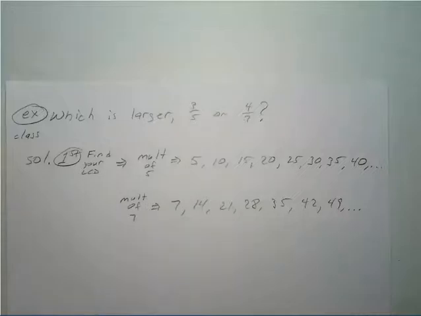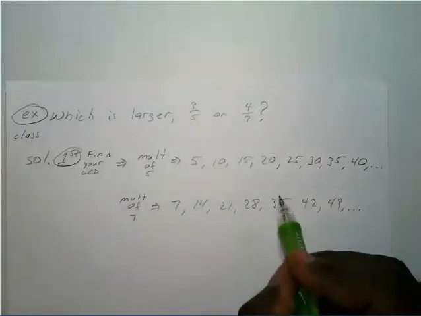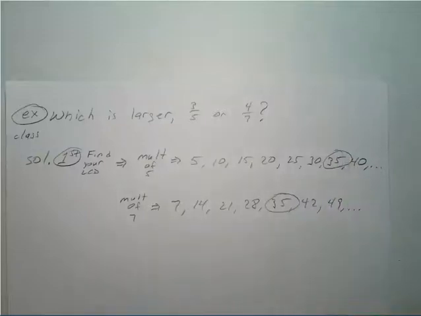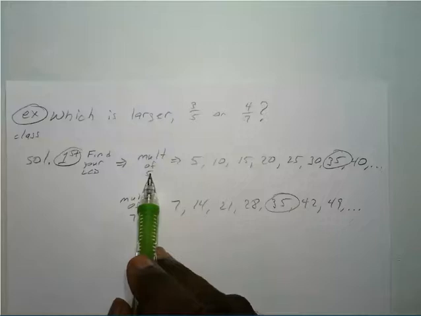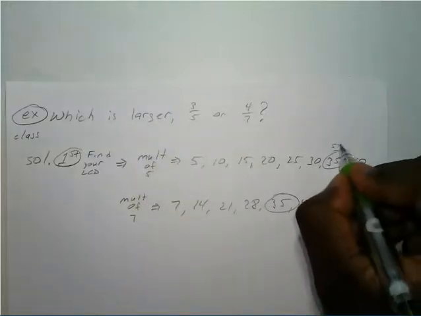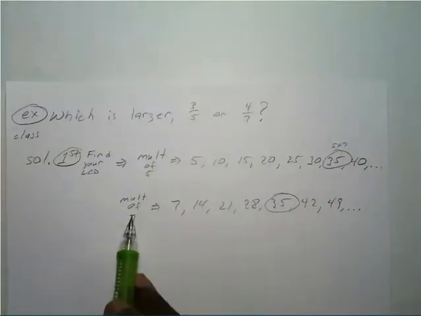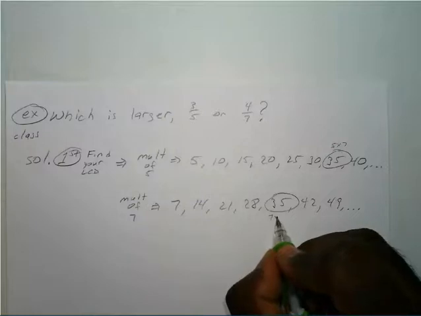Okay. Now, what's the smallest multiple they have in common? Well, that would be 35. 35 for multiples of 5 is 5 times 7. And for multiples of 7, it's 7 times 5.